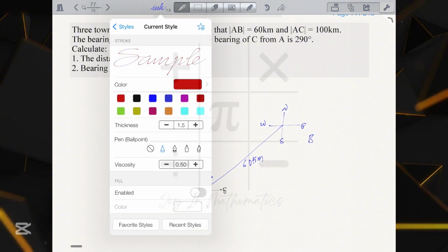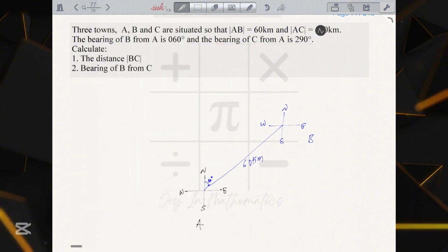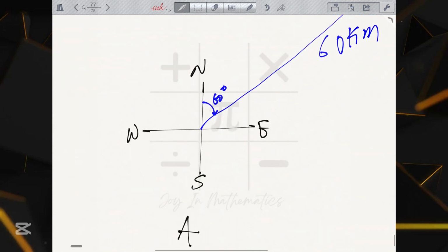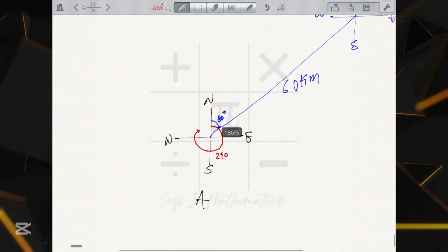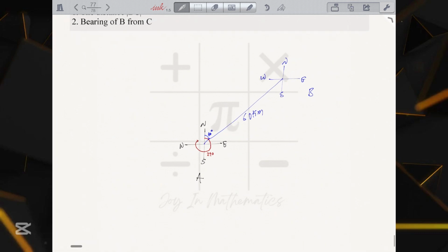Moving on, the bearing of C from A is 290 degrees. So we are saying the bearing from this point to this point is 290 degrees. So the distance moves in this direction from here to here at an angle of 290 degrees, a length of 100 kilometers.